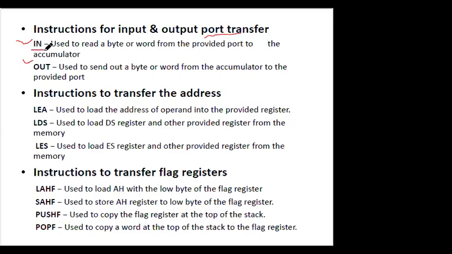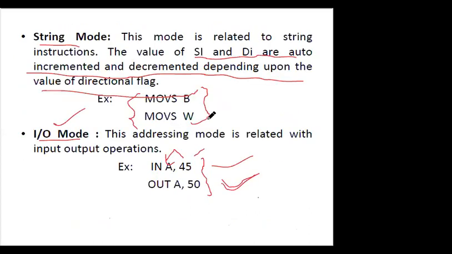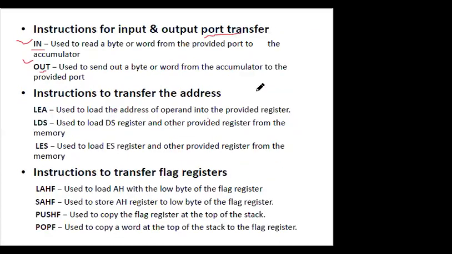If you remember, we used the instructions IN A and OUT A. So this IO mode of addressing represents the input and output port transfer instructions. Then there are instructions to transfer the address, and instructions to transfer flag registers, which are shown below.